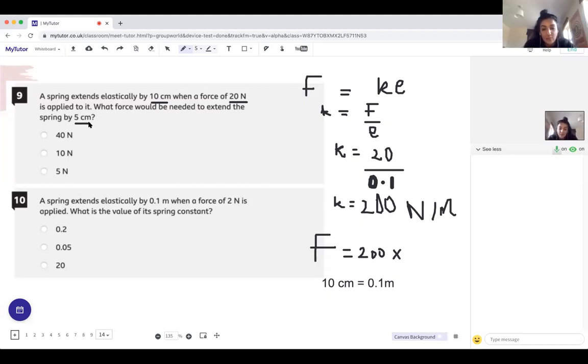So again, we need to convert to meters. So 5 centimeters in meters is 0.05. So our extension is 0.05. So the force required to stretch the spring by 5 centimeters is going to be 10 newtons.